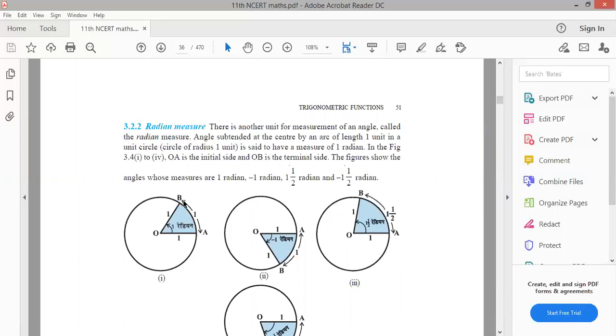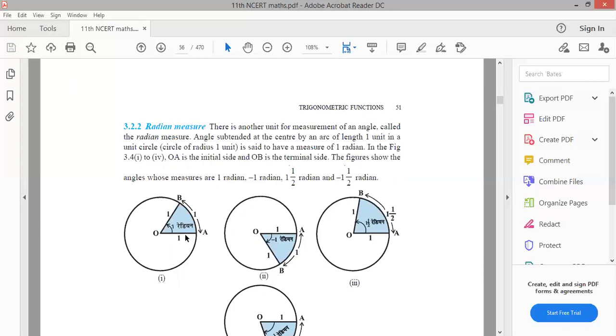And the length of the arc, let's take as 1 unit. The angle subtended by this minor arc AB of length 1 unit at the center of the circle, whose radius is 1 unit, measures 1 radian. This is the measurement 1 radian.